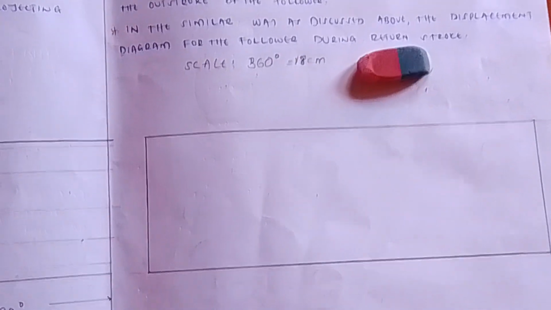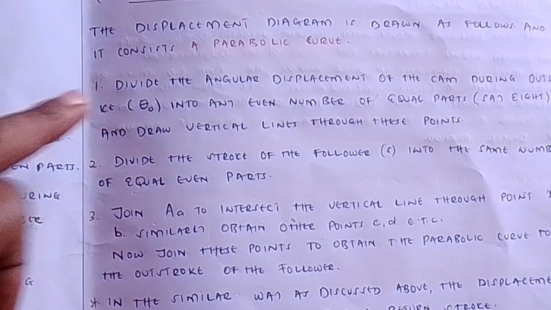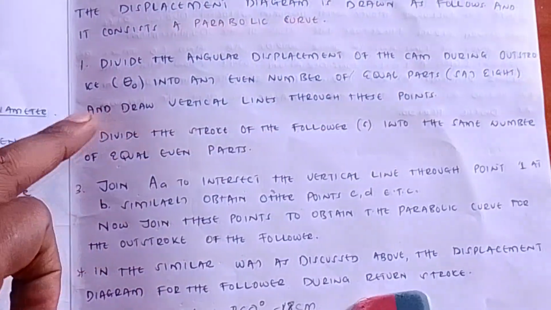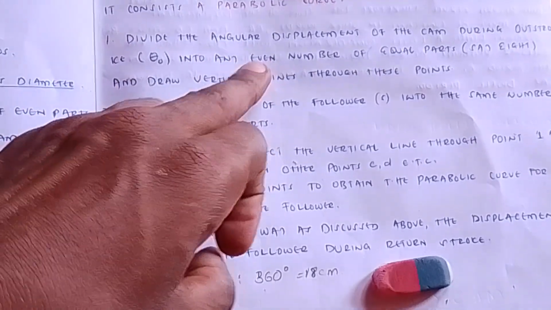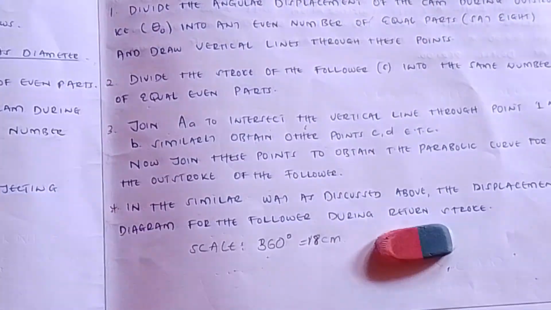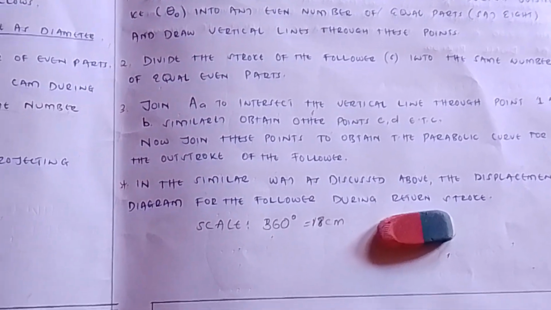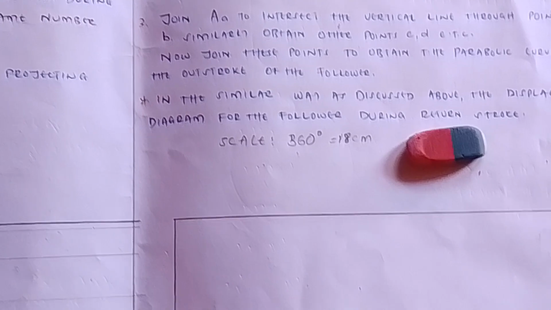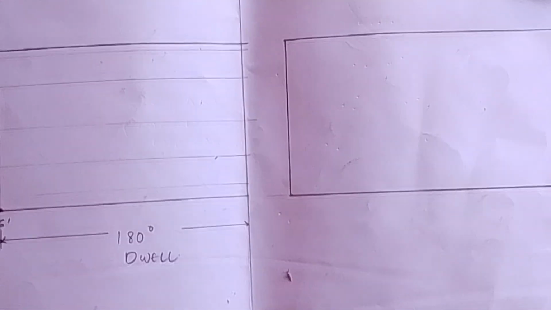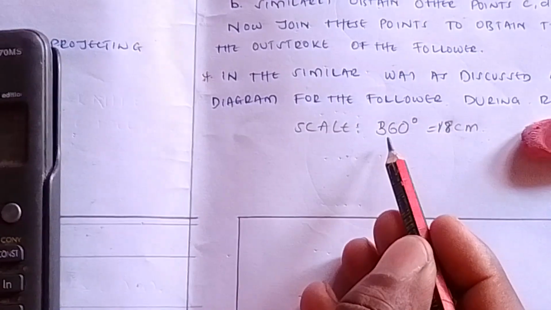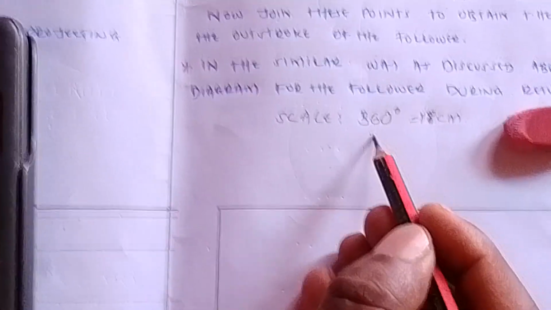The next procedure you have been told is that we have the value of the outstroke and the value of the return stroke, and you're supposed to divide into an even number of equal parts, say 8, and draw vertical lines. Let us say the outstroke of this one was also 90 degrees, as we used in our previous one. If our scale is 360 degrees equals 18 centimeters, what about 90 degrees?